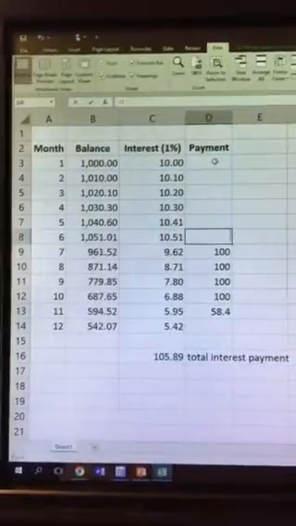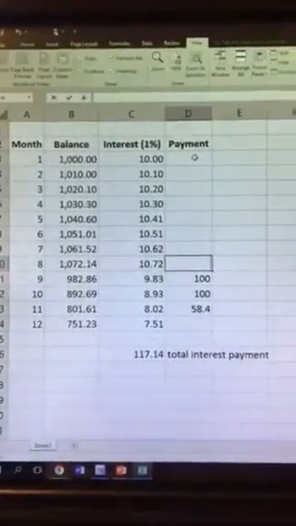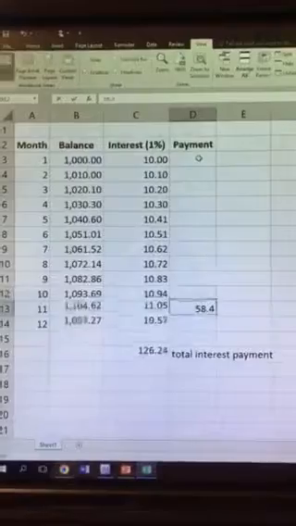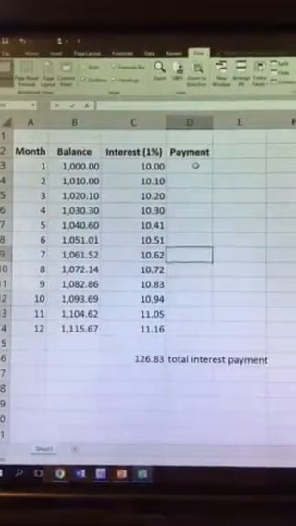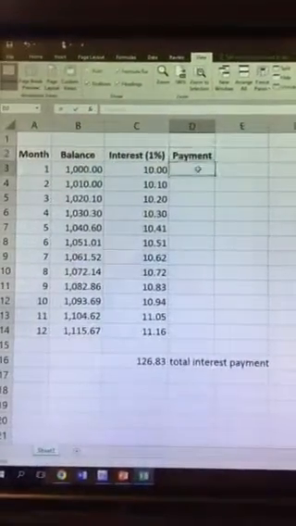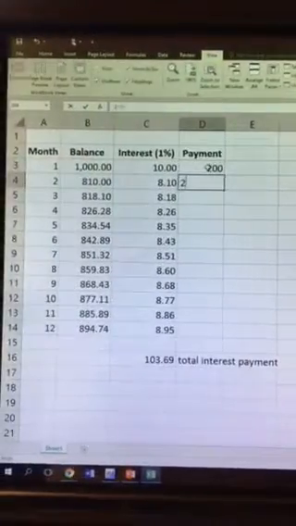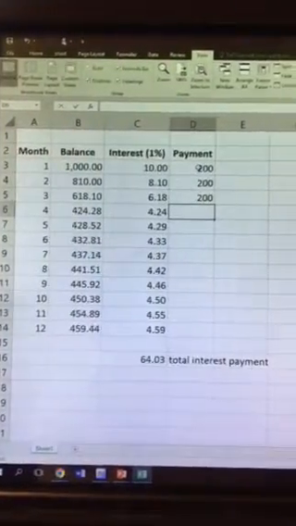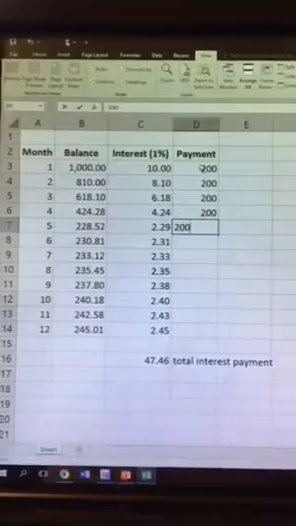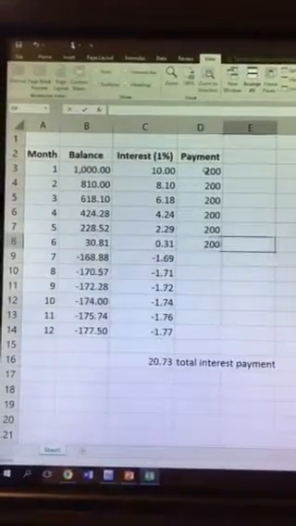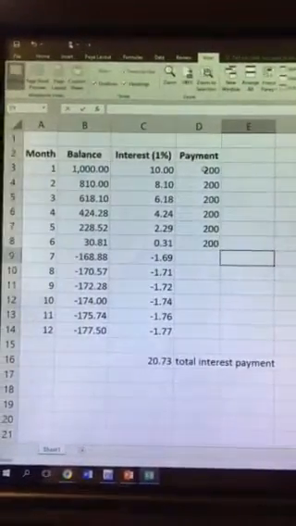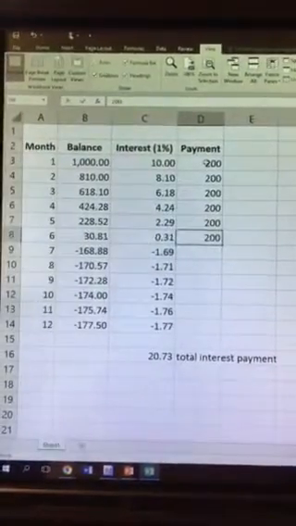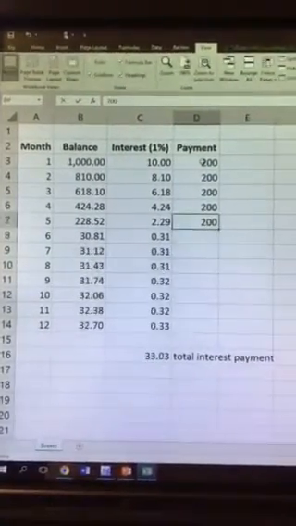Now let's look at our third scenario where it is a $200 a month payment. We're gonna find that this goes even faster. So 200, 200. Oh look, I didn't even need to go that far.